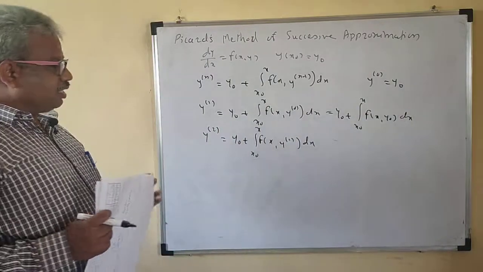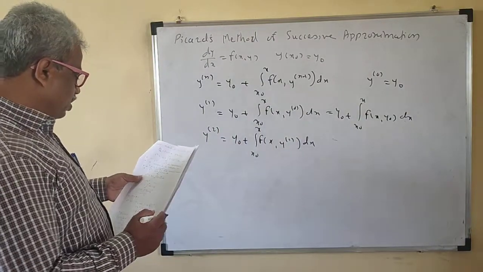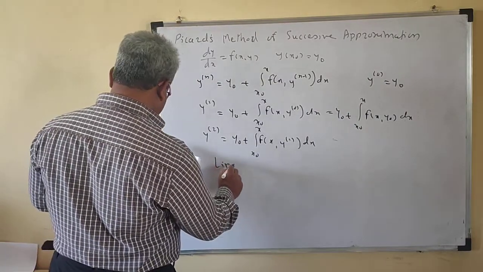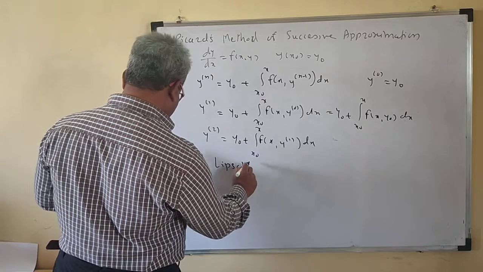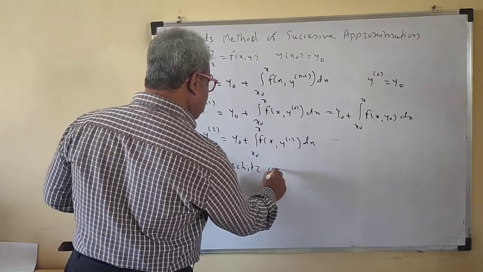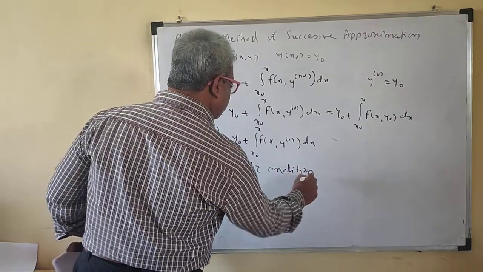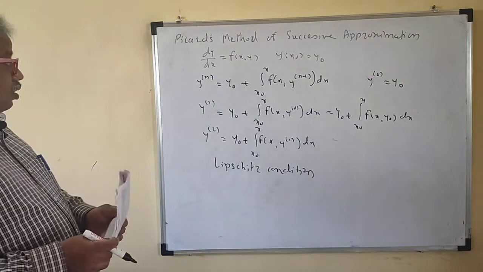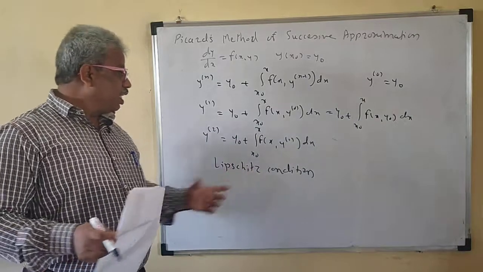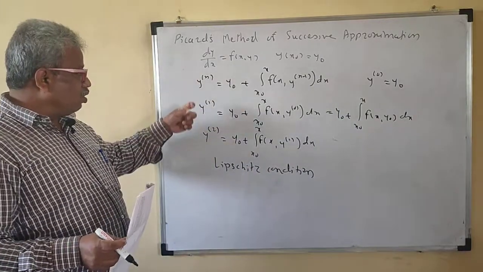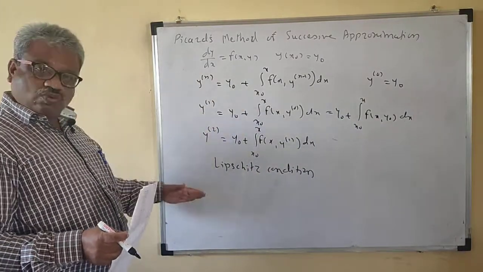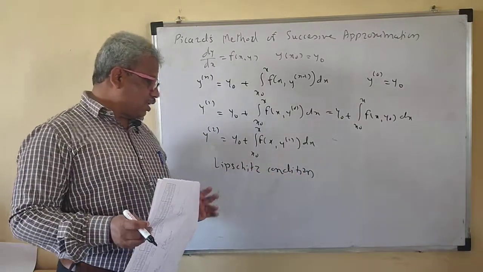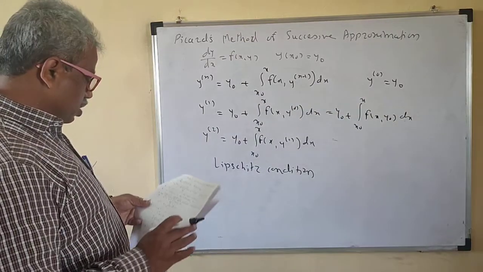Here we need the integration, and it satisfies the Lipschitz condition. It converges and satisfies. That means these solutions y0, y1, y2 give a sequence, and that sequence satisfies the Lipschitz condition. Okay, so this is the important thing here.